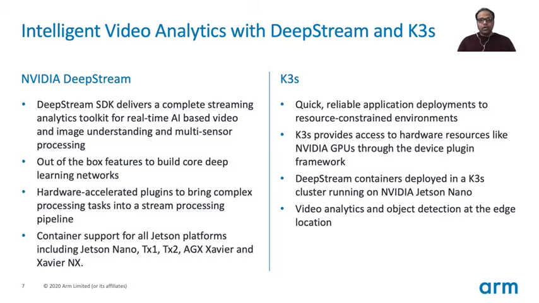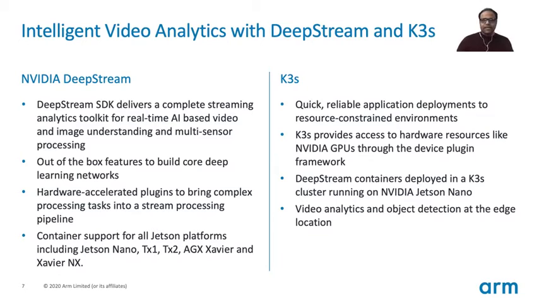It has been designed to work on low memory footprint devices, and it's a production-grade distribution. K3s provides access to hardware resources, these Nvidia GPUs, through the device plugin framework. It's based on the Kubernetes device plugin framework, but K3s enables that, and it provides a mechanism for these containers to leverage the power of these GPUs.